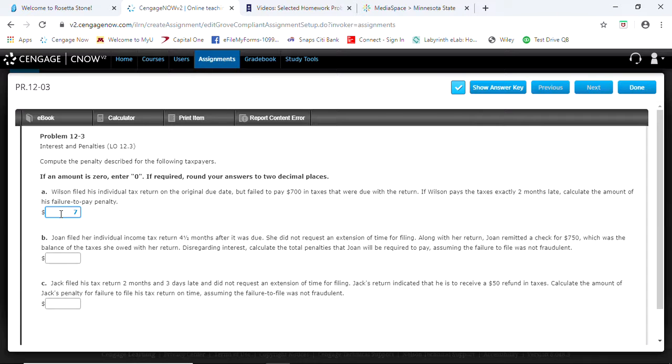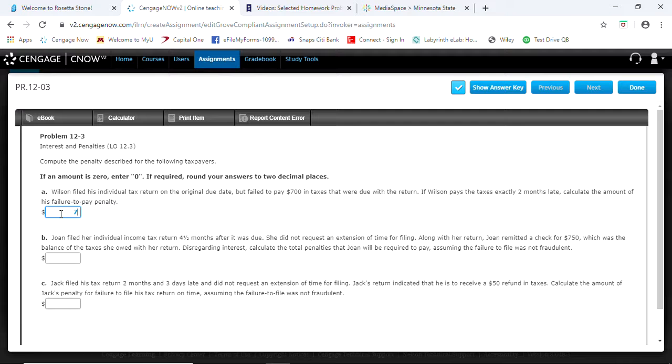Along with her return, Joan remitted a check for $750, which was the balance of the taxes she owed with her return. Disregarding interest, calculate the total penalties that Joan will be required to pay, assuming the failure to file was not fraudulent. So she has a failure to file and a failure to pay.